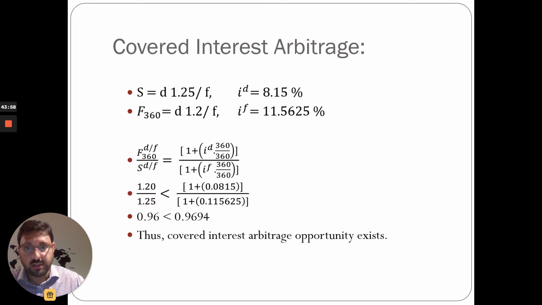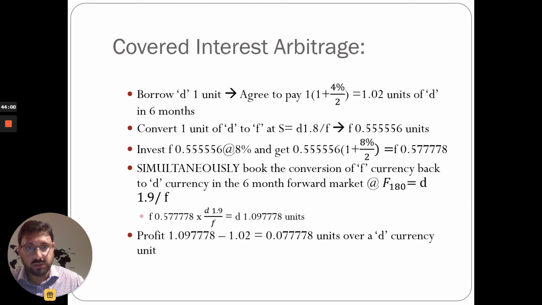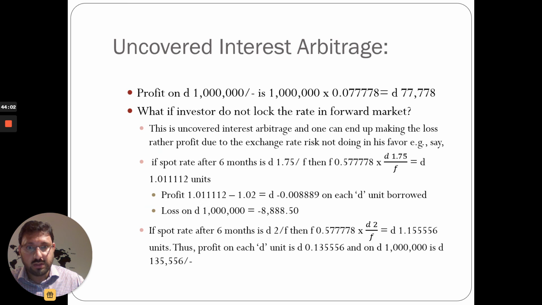I wanted to show you right over here. You can see if the investor does not lock the rate in the forward rate, this is uncovered interest arbitrage, and one can end up making a loss rather than a profit, due to the exchange rate risk not going in his favor.